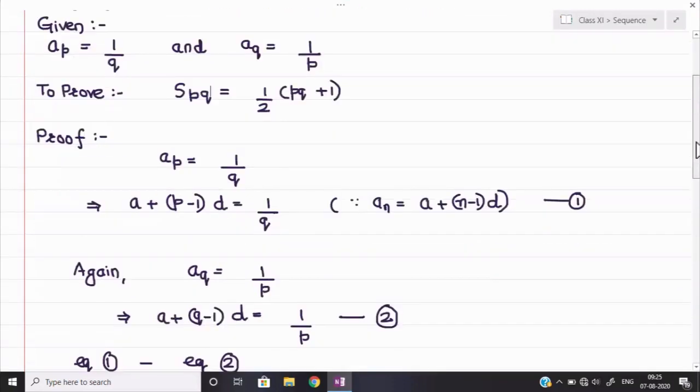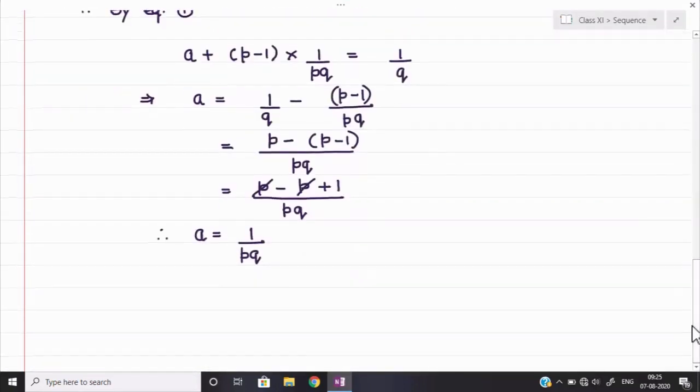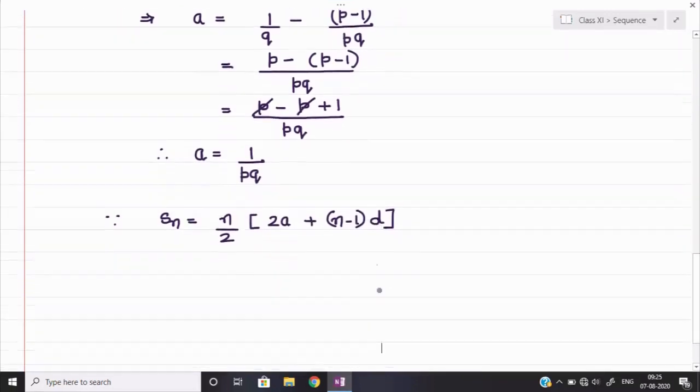So let us see. Now we know that, since we know the formula of Sn, the sum of n terms, is n upon 2 into the bracket 2a plus n minus 1 into d. Okay, so this is a formula. Now here the value of n is given to us in the question as pq.